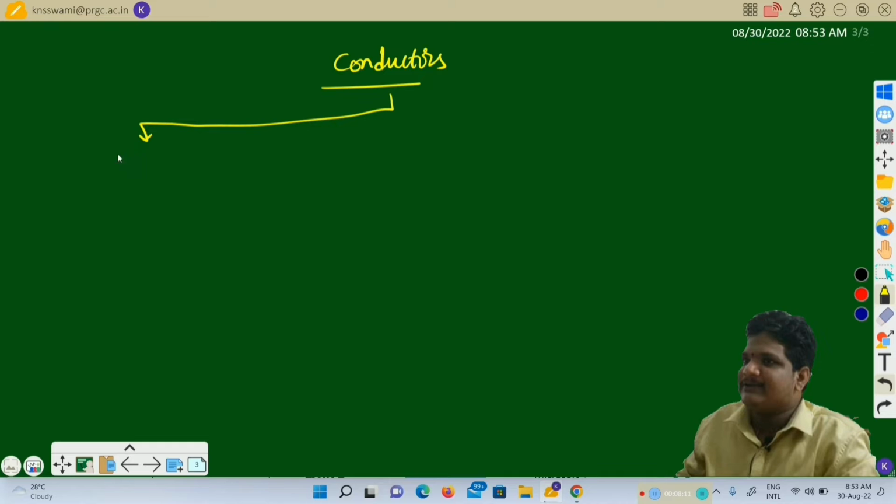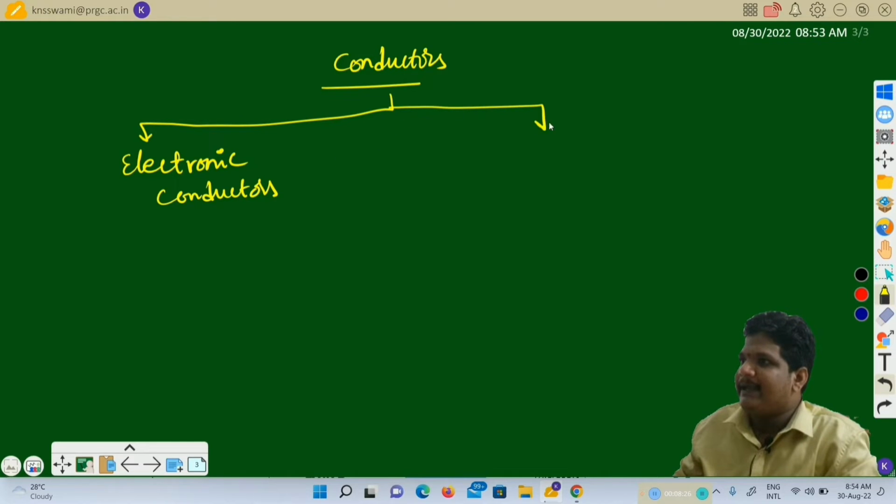The first one is electronic conductors, and the second one is electrolytic conductors.